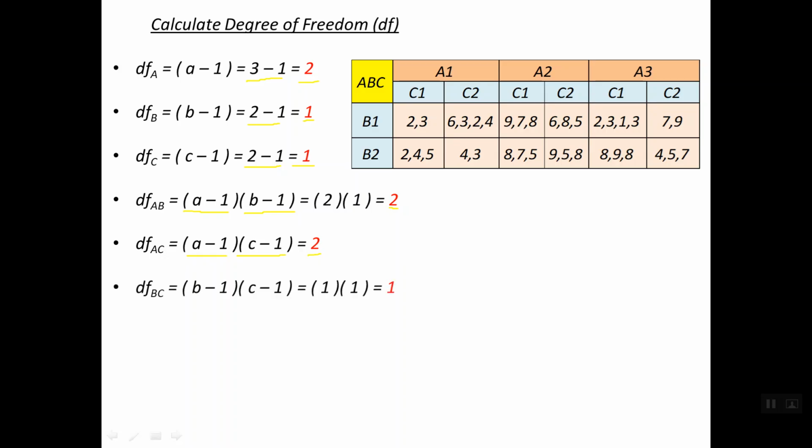For B and C, this is the degree of freedom for factor B, and this is the degree of freedom for factor C, so the multiplication is simply 1. And regarding the degree of freedom for all the 3 factors, A and B and C, this is the degree of freedom for factor A, and this is for factor B, and this one is for factor C. So the multiplication yields the degree of freedom for ABC is 2.